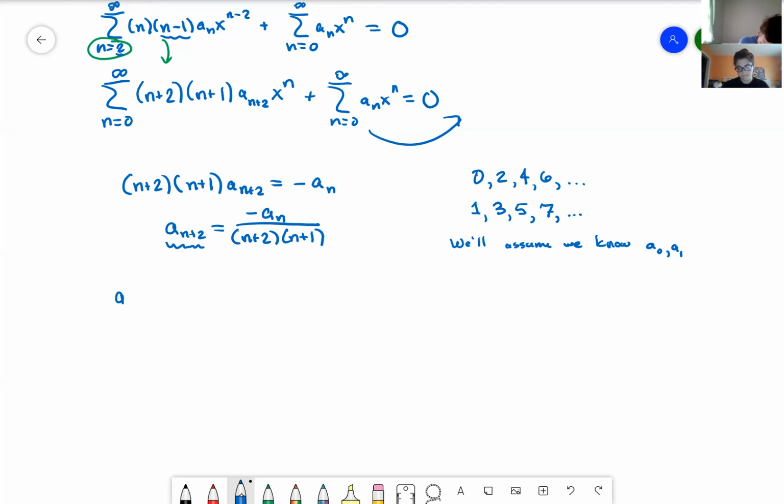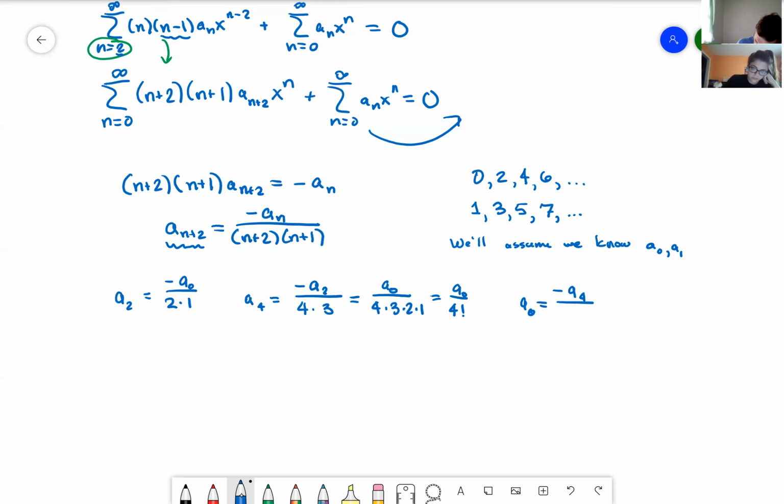So what do we get? We get that a2 is equal to negative a0 over 2 times 1. a4 is equal to negative a2 over 4 times 3, which is a0 over 4 times 3 times 2 times 1, which is a0 over 4 factorial. a6 is negative a4 over 6 times 5, so this is negative a0 over 6 times 5 times 4 times 3 times 2 times 1, 6 factorial.